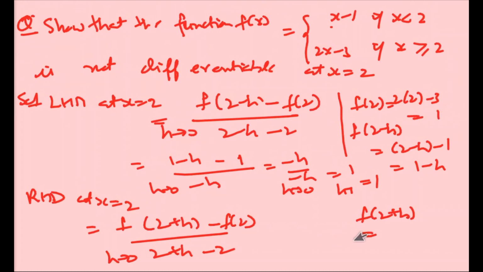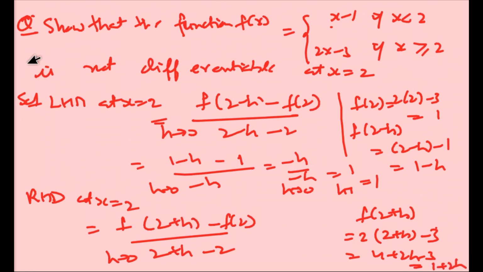Okay, now f(2 plus h) for this function, putting x as 2 plus h into 2 minus 3. So what we get here, 4 plus 2h minus 3 equal to 1 plus 2h.